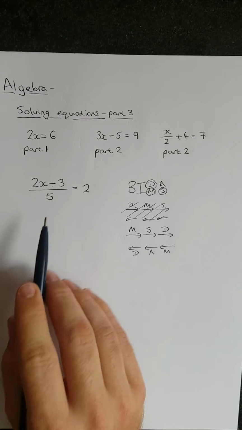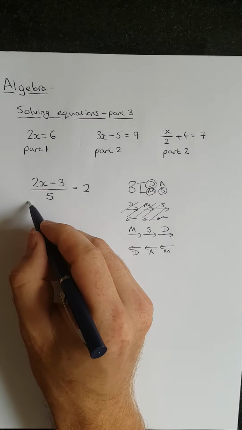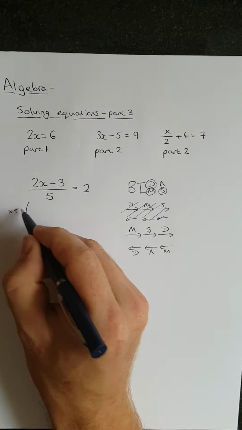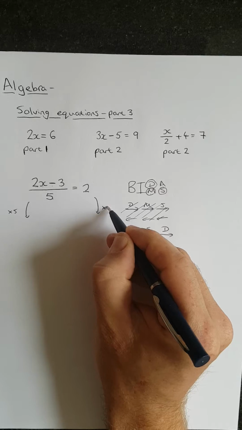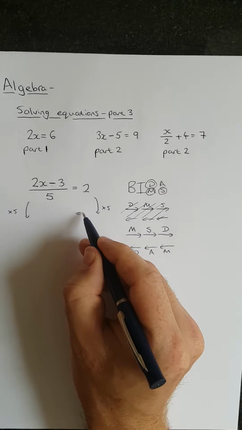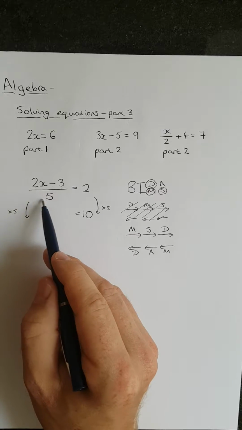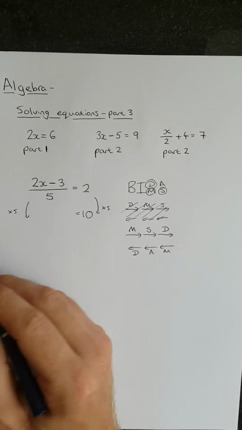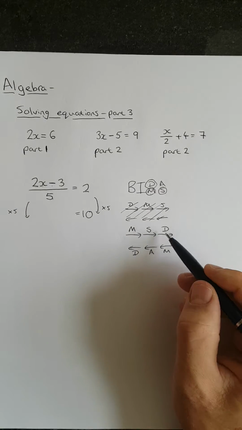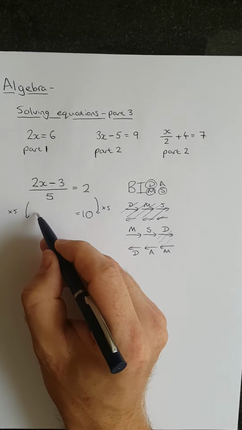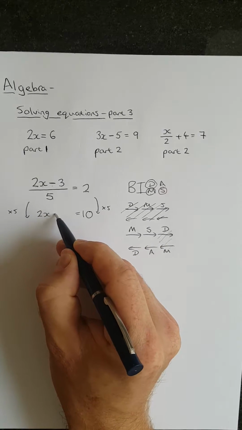So first off, I'm going to multiply. When I multiply this side, I get 10. When I multiply this side, the divided by 5 is gone, cancelled out. So I'm left with just what was on the numerator.